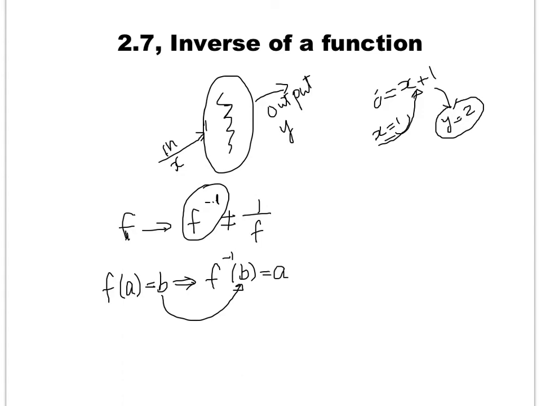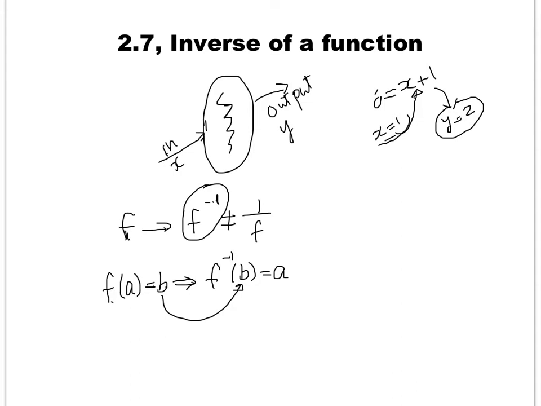So remember, if a is the input to the function and we get b, the inverse of the function f, which is f minus 1, if we give the output b to that function, we get a. So that's the topic of this lesson.